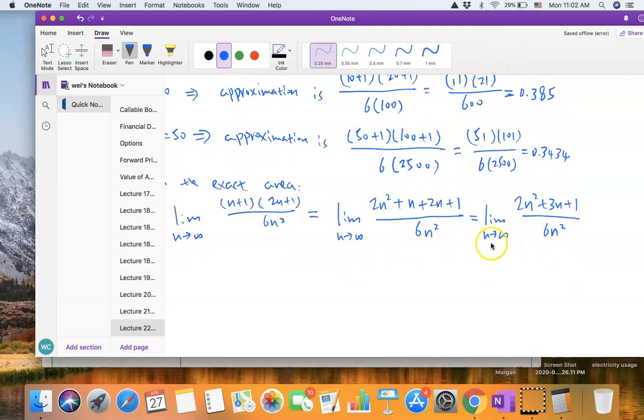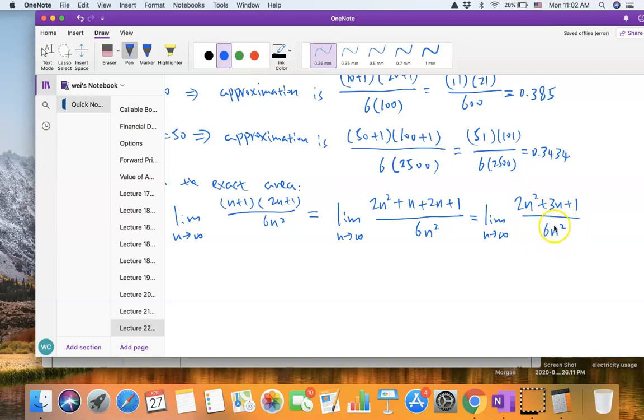Now we can say as n approaches infinity, the numerator and the denominator both approach infinity, right? So this limit has the form infinity over infinity. And we said when the limit has the form infinity over infinity, the result depends on the coefficient of the leading term. The leading term of the numerator is 2n squared, and the leading term of the denominator is 6n squared.